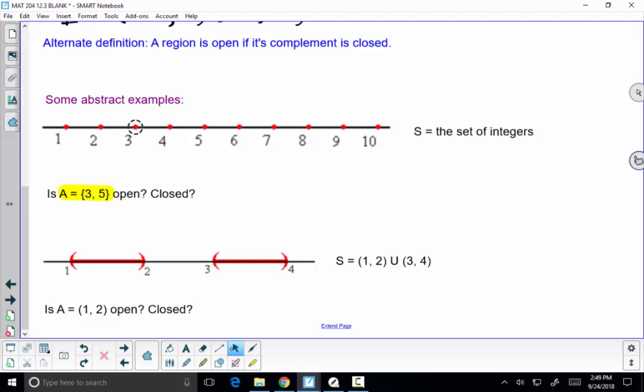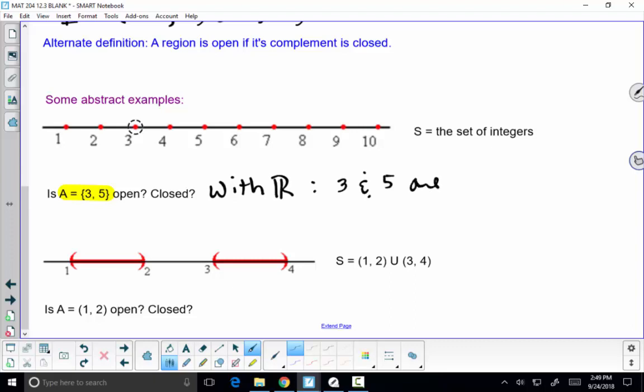So, with R as the backdrop, 3 and 5 are boundary points. Everybody agree? So that means they're not interior points, because an interior point means there is a neighborhood that only contains points in the subset.